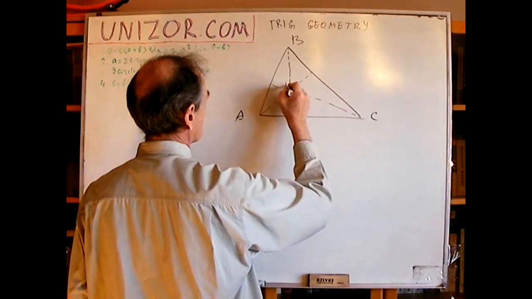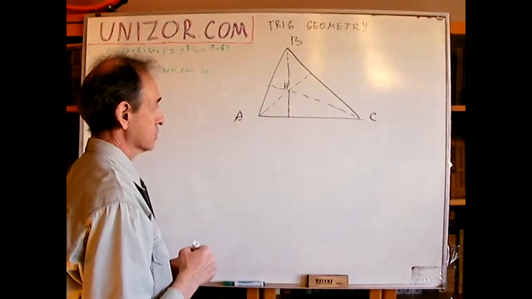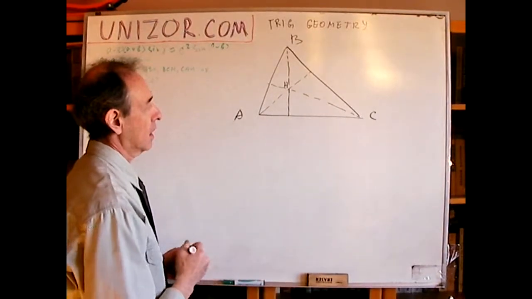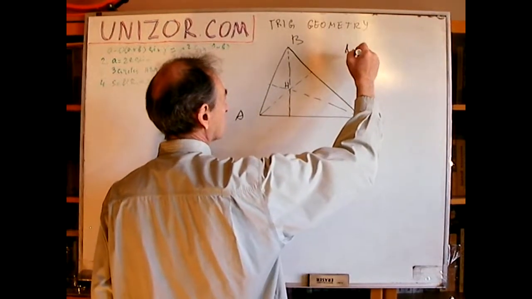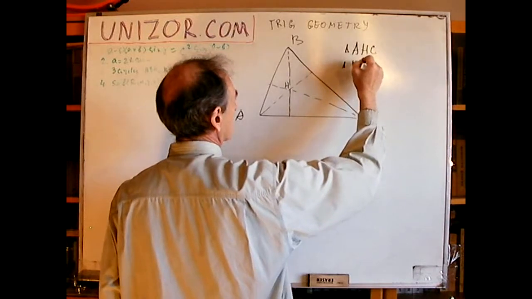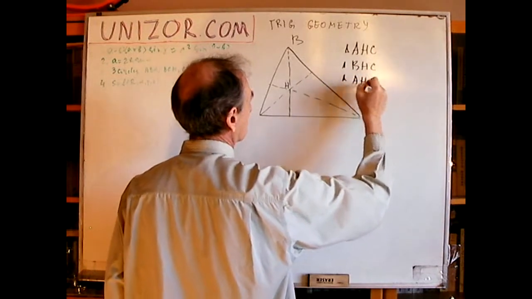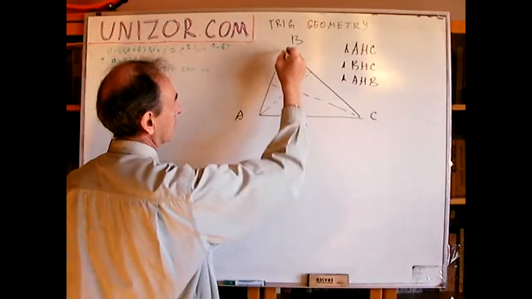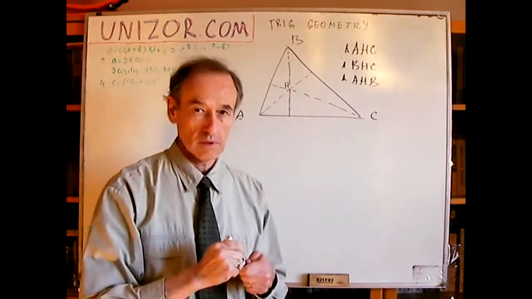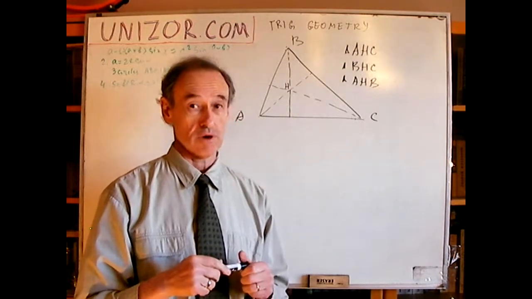Let's call this point H. Now, what's necessary to prove is that the radii of the circumscribed circles around triangles AHC, BHC, and AHB, so these three triangles, have the same radius of a circumscribed circle.